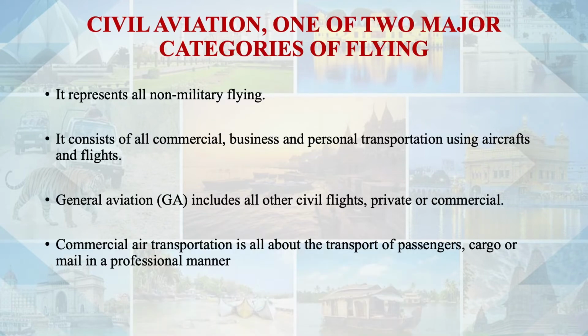So commercial air transportation is all about the transport of passengers, cargo or mail in a professional manner. From the word commercial itself, we can understand what commercial air transportation is. That means it is done in a very professional manner. Business organizations are involved, profit is an aspect of it, planning is there, management is there, marketing is there, everything is there in the case of commercial air transportation.